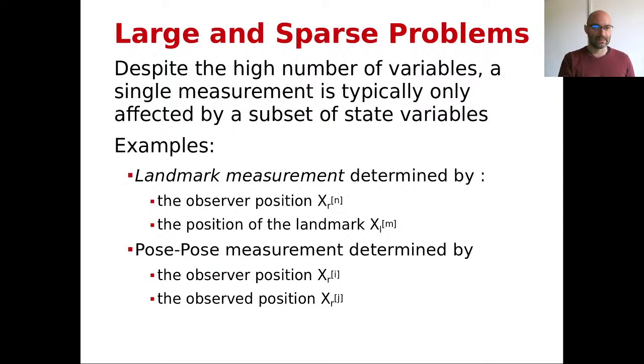And this is basically what I said in the previous slide. Whenever we have this partial observability, that means that the measurement only depends on a few things, then this means that our problem will have an inherently sparse structure.